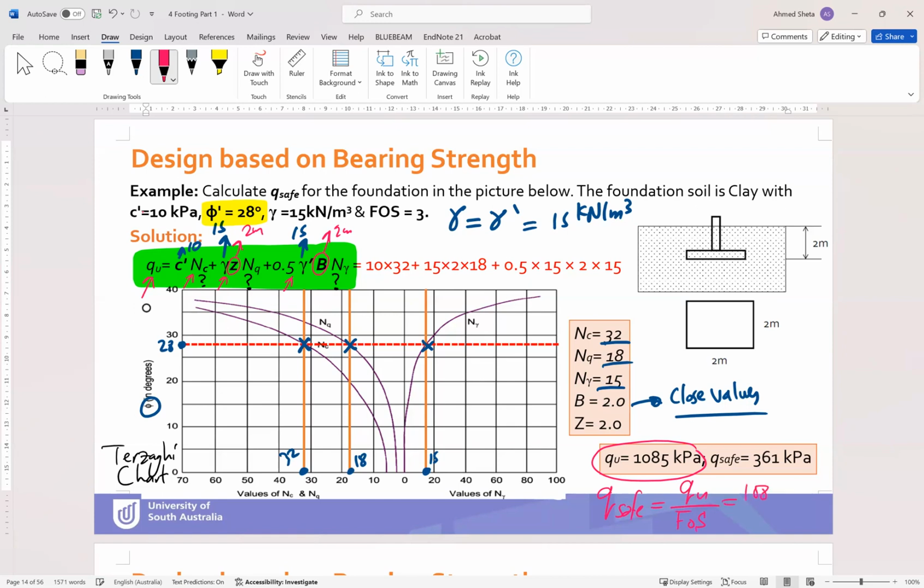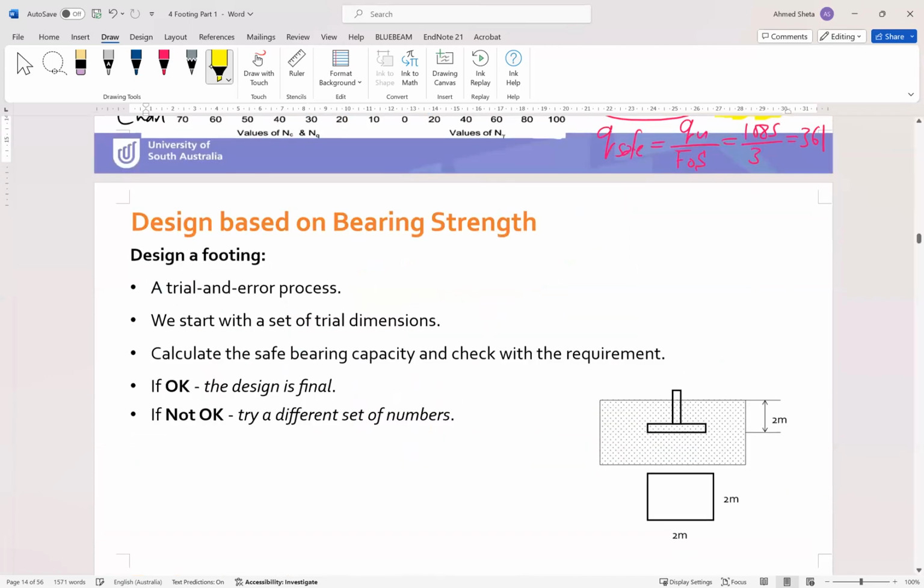So it will be 1085 divided by 3, which gives us the value of 361 kPa. This is the value of Q safe. Okay, this is a straightforward example to apply in the formula.